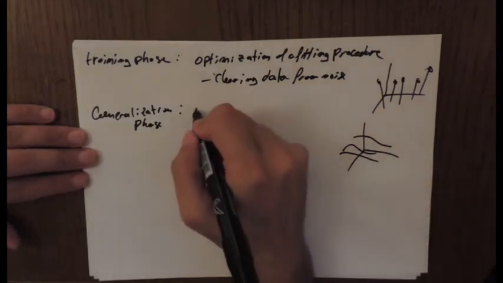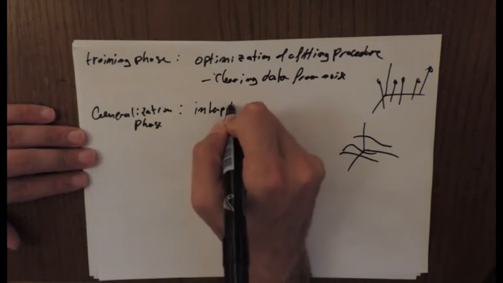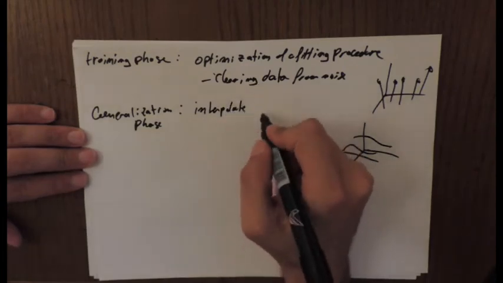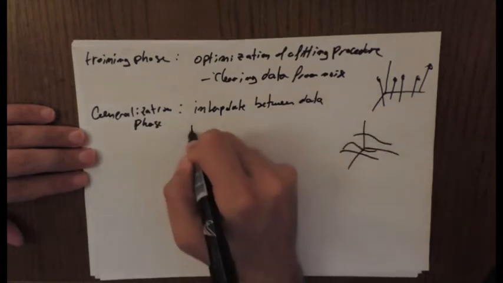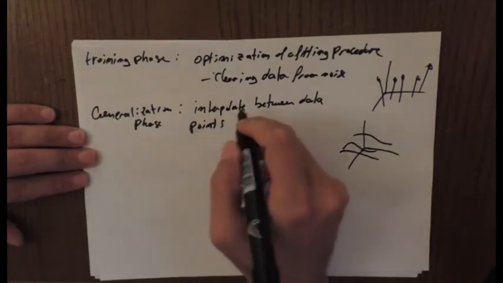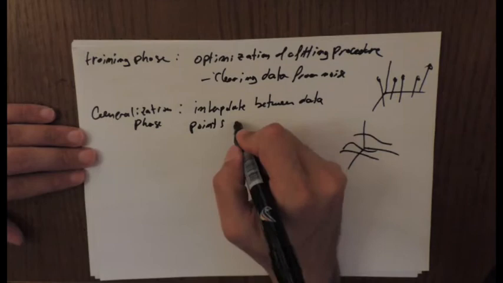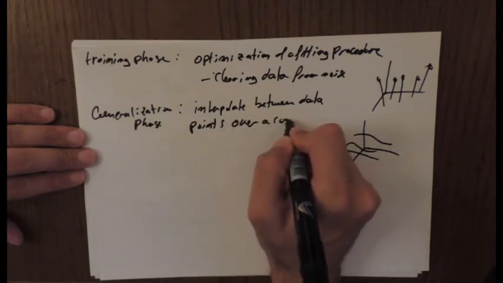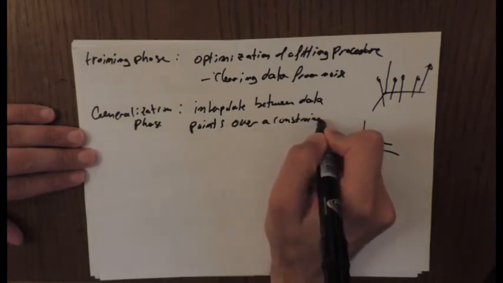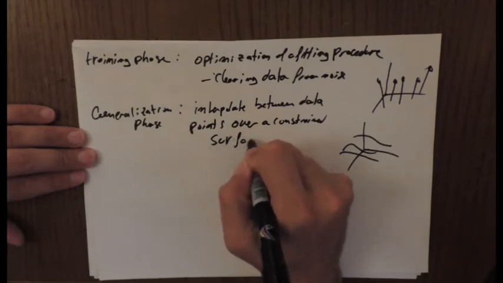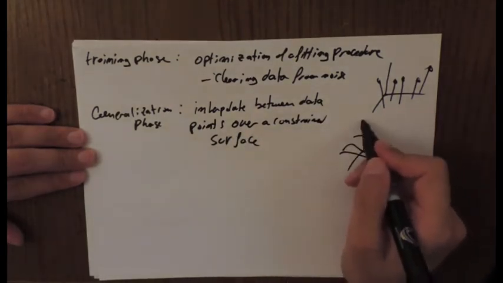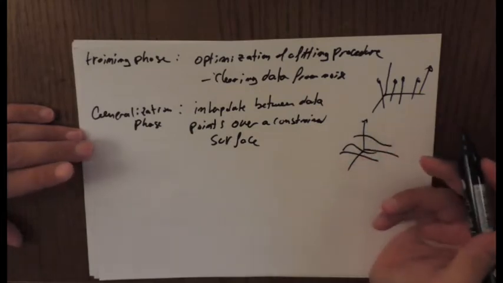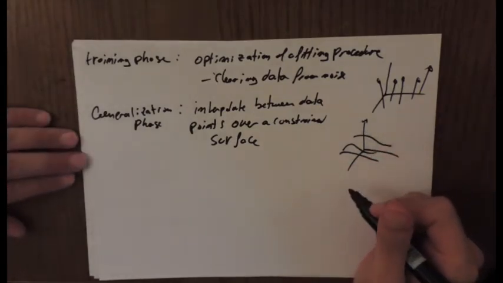So we interpolate between data points over a constrained surface. Once we have that surface, now we can plot any line and we get the output, which is on the z-axis in case of a 3D model.